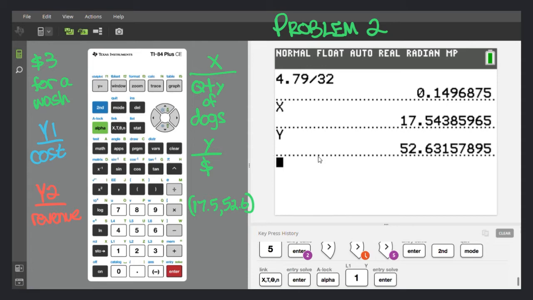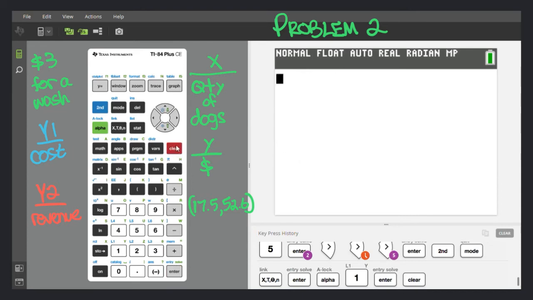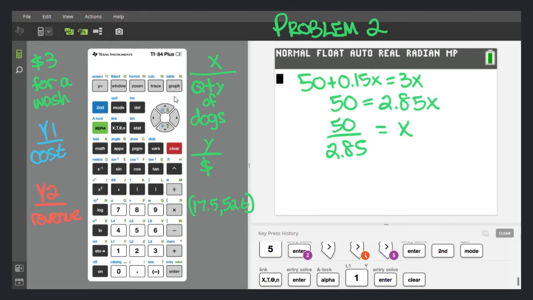The next thing we'll do is solve the problem algebraically by setting the equations equal to each other, and it mentions substitution. So really what's happening here is we're setting y1 equal to y2 and getting all the x's on one side and the numbers on the other side. I'll just do it on this screen here. So there's the solution.